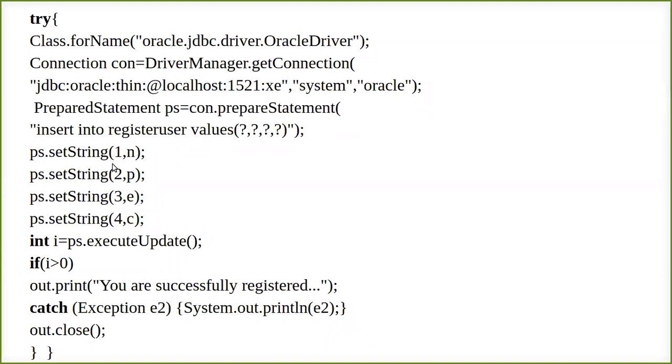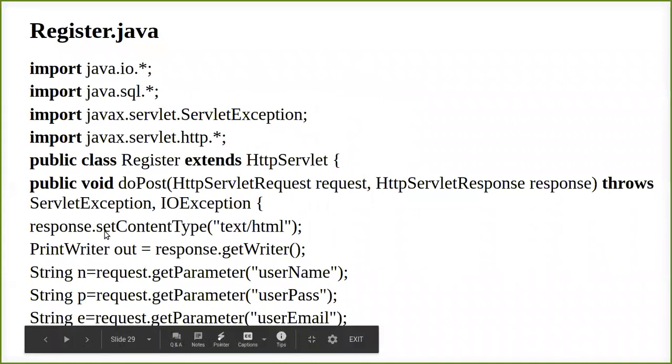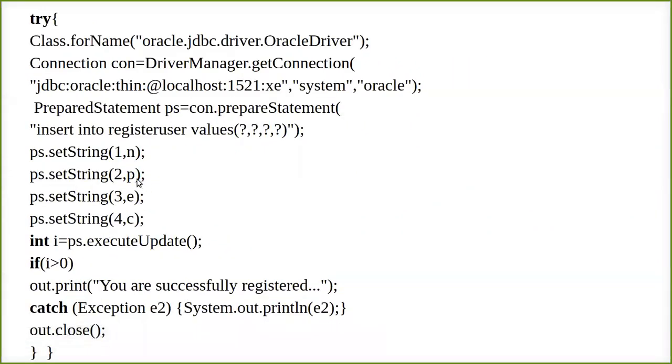We are going to set the value of your first column, and the variable is your variable name that we have given over here, that is n for your username. The value coming into your p variable is going to be given for your second column, similarly for your third and fourth column.